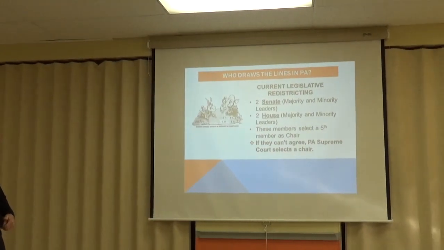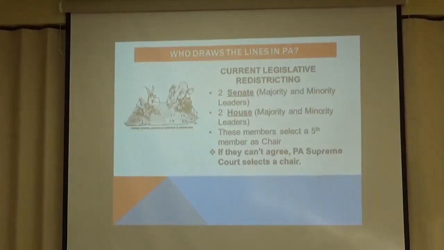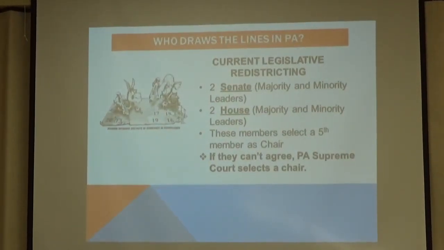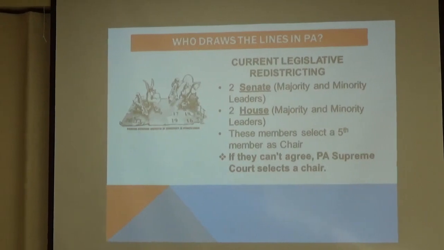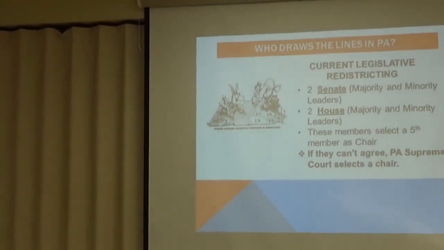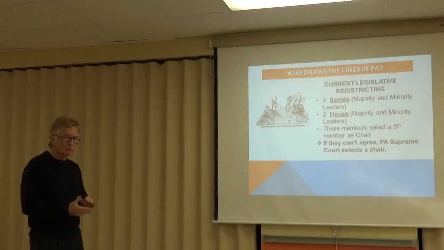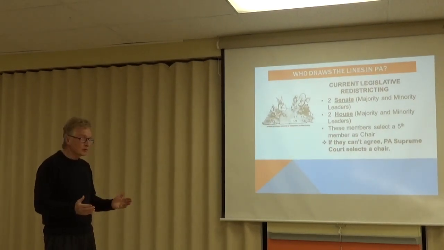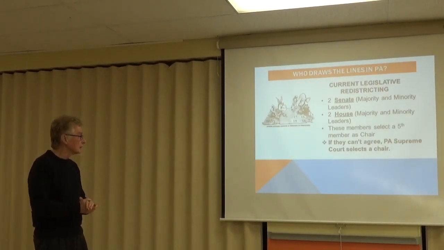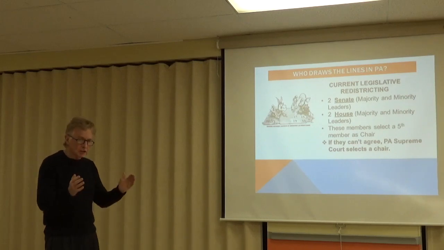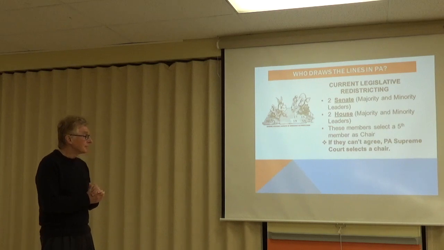So who draws the lines in Pennsylvania? Well, it's done by 5 different people, and they do it on their own, usually behind closed doors, and without any public input. And the 5 people are the Senate Majority and Minority Leader, the House Majority and Minority Leader, and then there's a 5th person that's selected as the chair of this group.